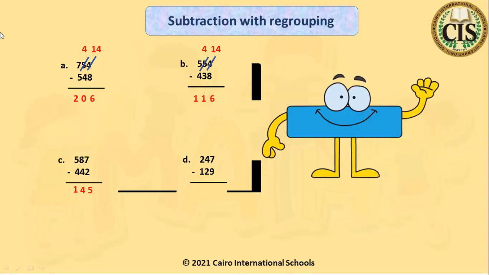Yes. Okay. Can you help me to solve this one, please? Yes. We start with what? Ones. 7 minus 9.